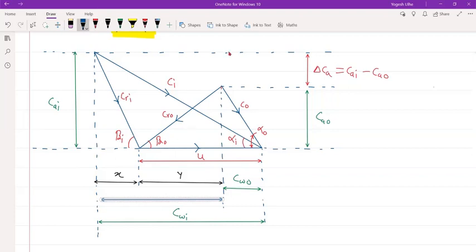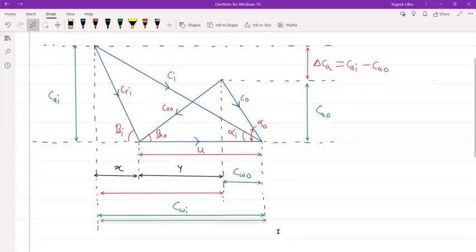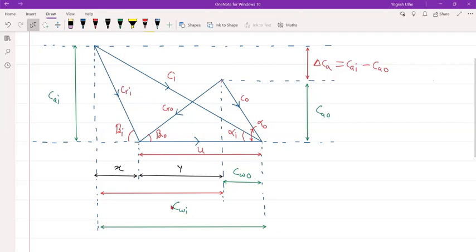In this scenario, this is our delta CW. And in this scenario, delta CW is CWI minus CWO. Everyone try to understand my point.